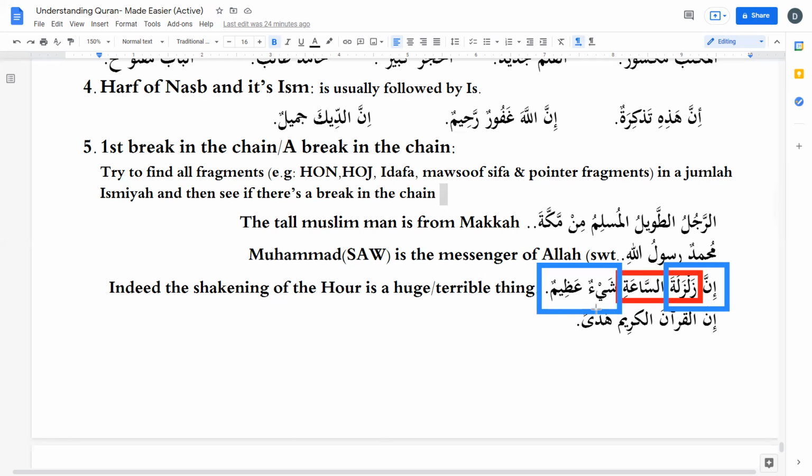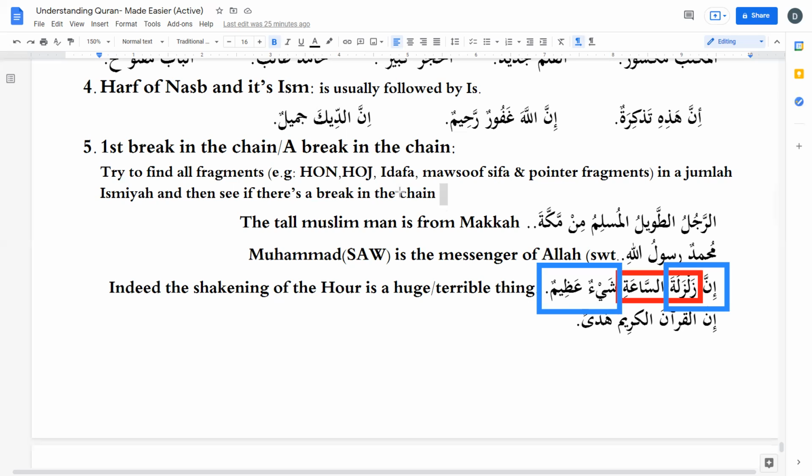Khabar. Excellent. Yes, Khabar. MashaAllah. So over here again in this sentence we have 2 components. Mubtada is inna zalzalata sa'ati, and Shay'un Azimun is Mawsuf Sifa fragment, and this is constituting the Khabar of the sentence.